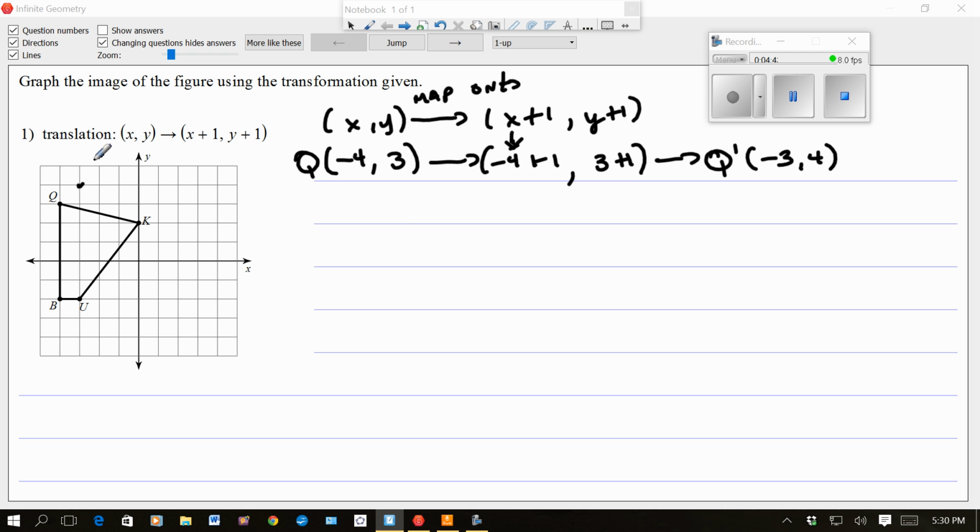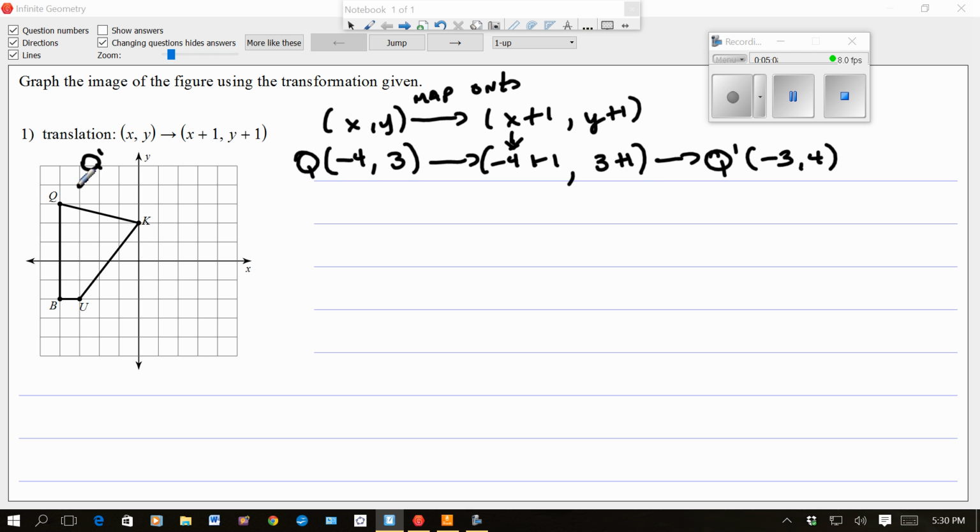This will be Q prime. Now what did I do to get from Q to Q prime? I went to the right one, and I went up one. So this is what this mapping means. It means to take your Q coordinate, your K coordinate, your B coordinate, and your U coordinate, move it to the right one, and move it up one.